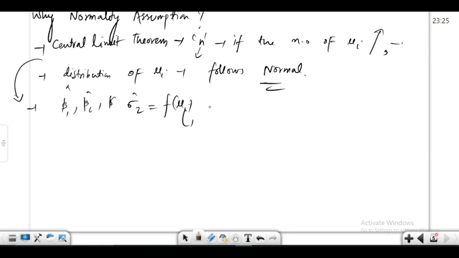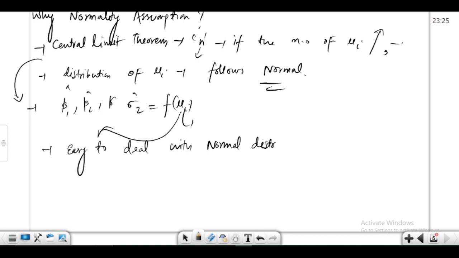So if ui is normally distributed, it means that these estimators are also normally distributed. And it is comparatively easy to deal with normal distributions because we have only two parameters, the mean and the variance.